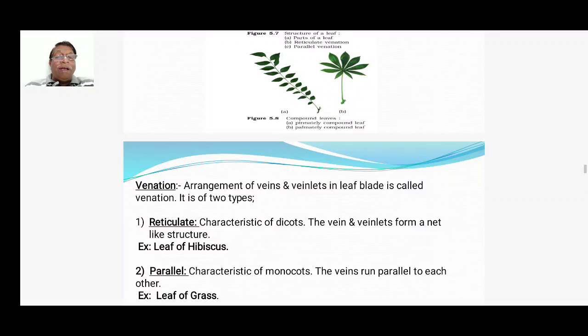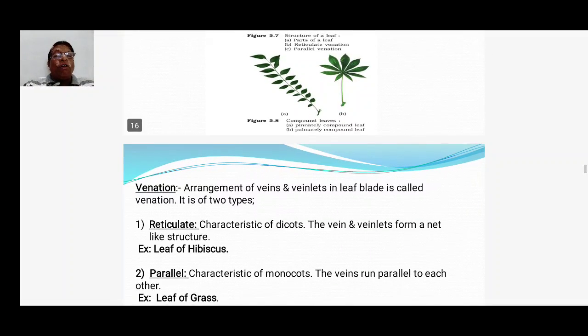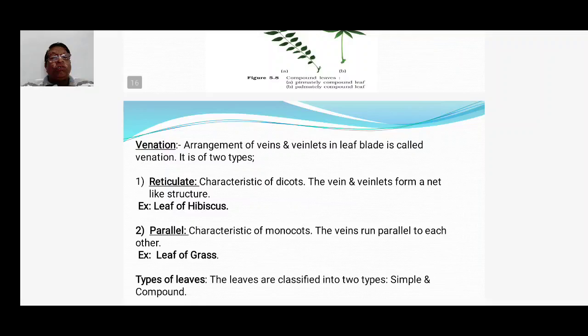Very common, that is grass leaves. What is parallel venation? If the veins run parallelly to each other, then we call parallel venation. Okay, characteristic of monocots. So venation is important for the examination.